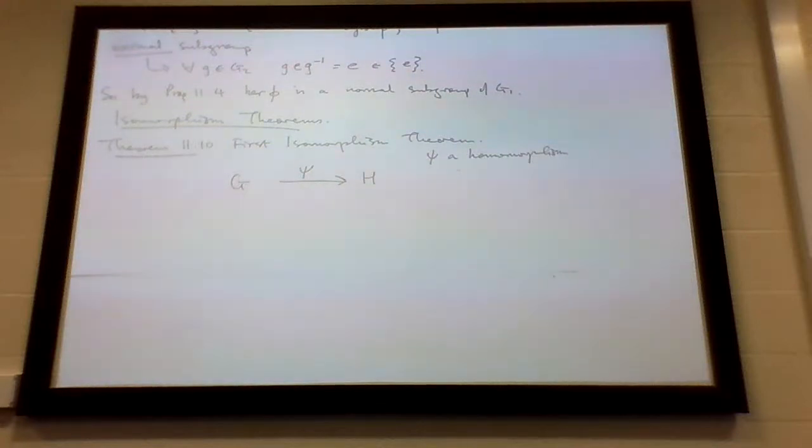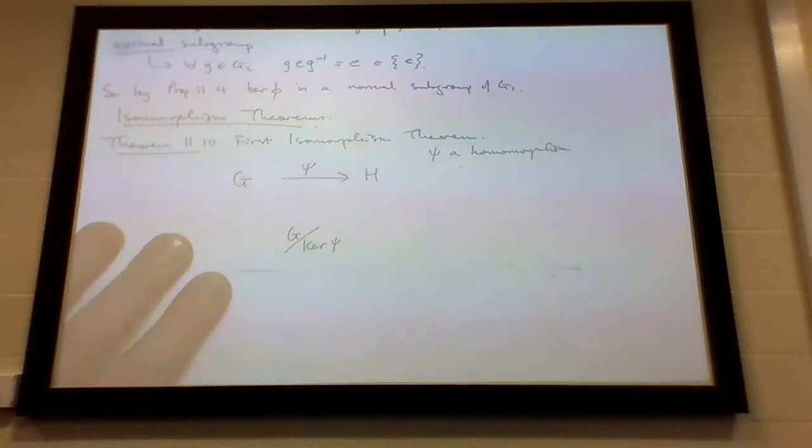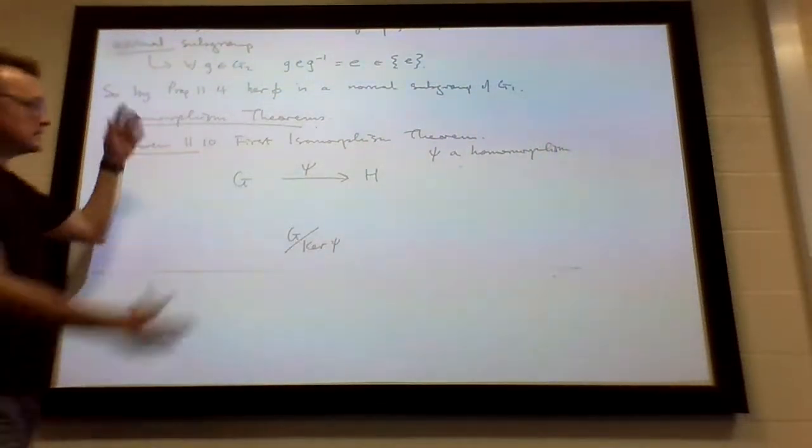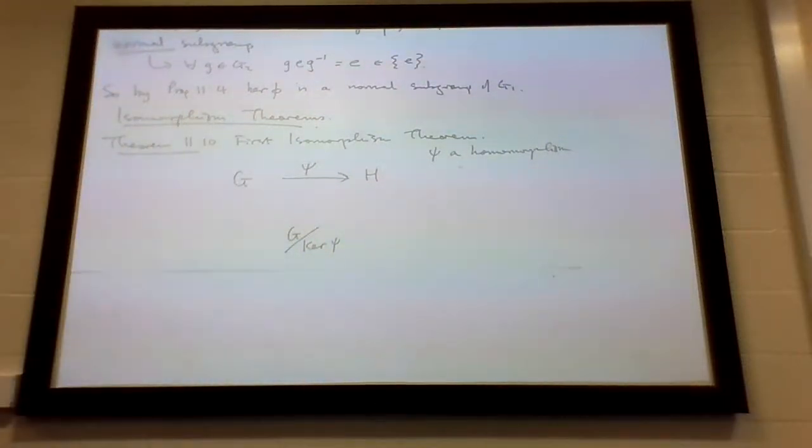Okay, we just proved the kernel of psi is a normal subgroup. So that means we can form a factor group. And how can we relate this factor group to this picture?